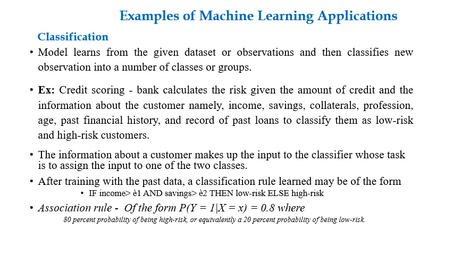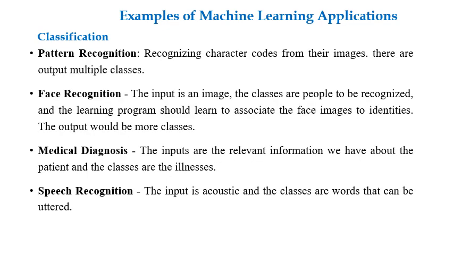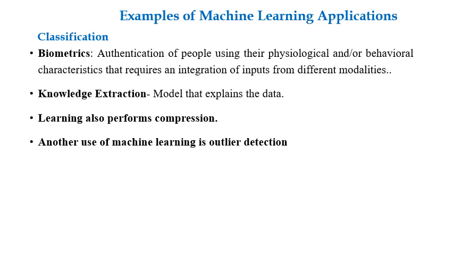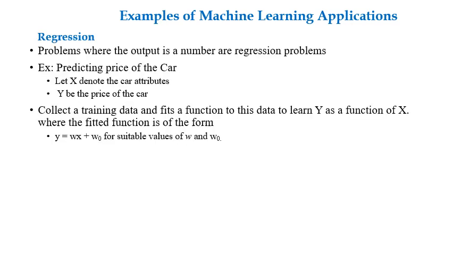So here this rule, that if statement, is the association rule, with the help of which it classifies the customers as either low risk or high risk. Machine learning algorithms can be applied in pattern recognition, face recognition, medical diagnosis, speech recognition, biometrics, and knowledge extraction. Also, they can be used in outlier detection.